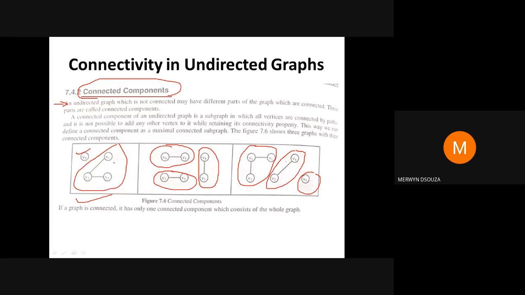Basically, in simple words, you just look at the graph and find out which parts of it are connected. Those parts will be your connected components. So here there are two connected components and here there is one. Here there are three.